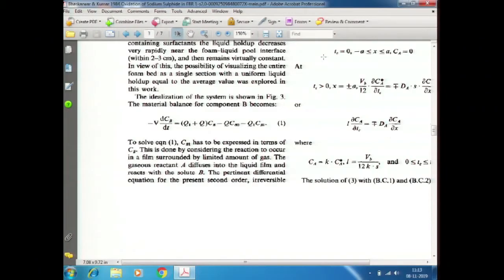We have more or less addressed that question of how to get the concentration of sodium sulphide, or the liquid phase reactant, in the liquid draining from the foam section into the storage section. We are almost there. We recognize that Q1 Cb is the molar rate of carriage of sodium sulphide from the storage section into the foam section.